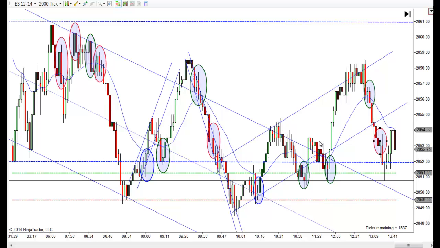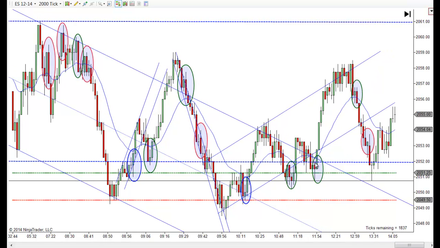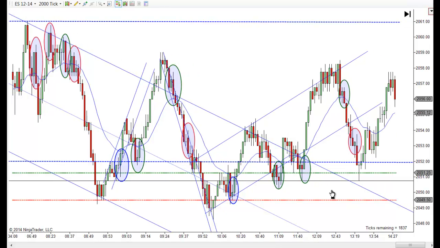If it would have broke above this one on this bar, it would have been hard to ignore that one. But that's really your only real clue right there, is the fact that it broke higher first and then turned down.